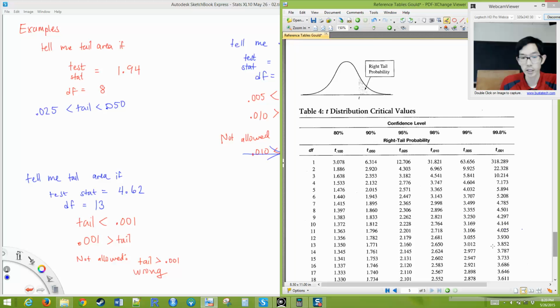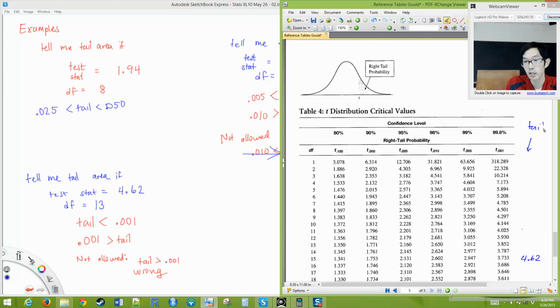So we look at 13 degrees of freedom, and we see that 4.62 is bigger than 3.852. It's bigger than our last number in the table. And so that means we're going to be on this side. So 4.62 is over here, so that means our tail area is over here.